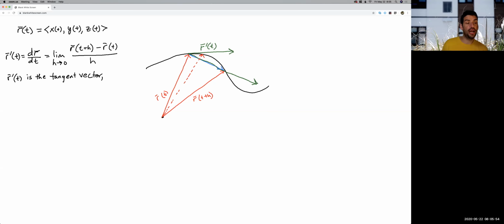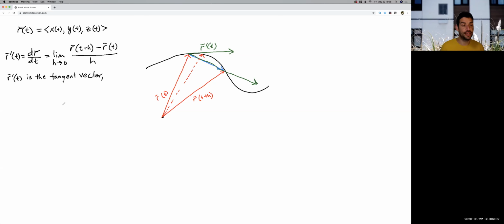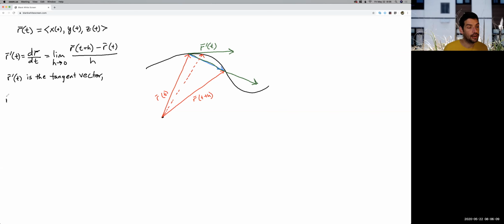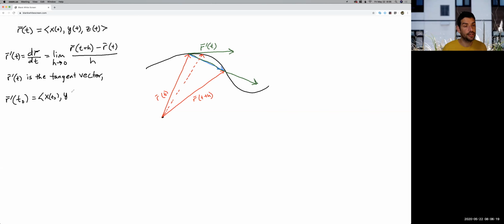Well, r prime of t is a function that spits out different vectors depending on where we are along this curve, right? If we evaluate t at any point, we get the tangent vector at that point.